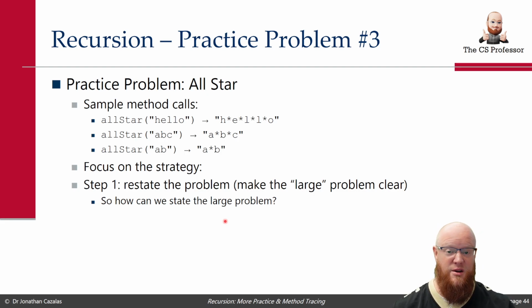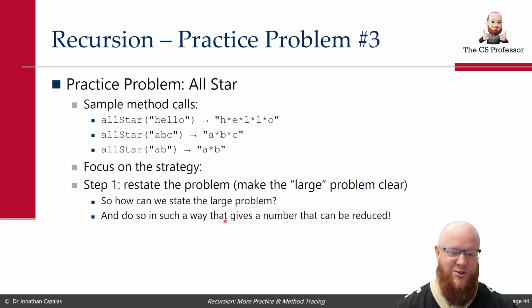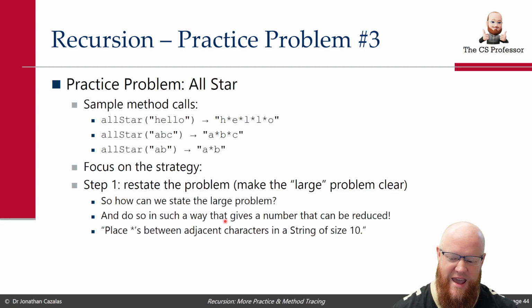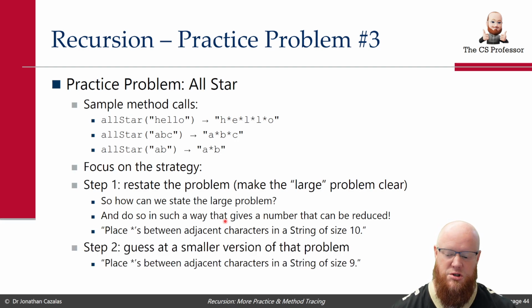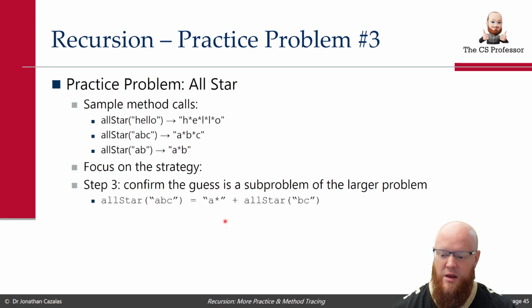Do the thing on a string of size 9. Do the thing on a string of size 8, right? Place asterisks between adjacent characters in a string of size 10. What's a smaller version? Do the thing by placing these asterisks between adjacent characters on a string of size 9. That's a smaller version, right? Confirm that that guess is a subproblem of the original.